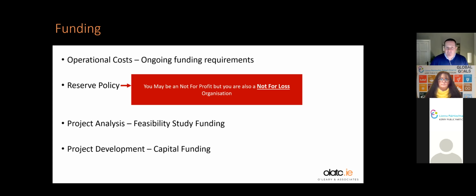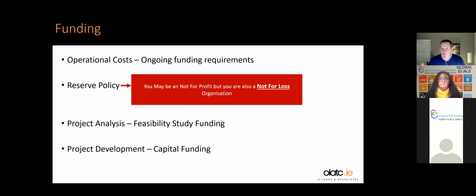If I've got a not-for-profit organization, a company limited by guarantee without share capital, there's no shareholders, there's no dividends. The profits that company makes stay within the company and are used then for future projects within the company, okay? So it doesn't make a difference if you're making €1 million profit every year, okay?